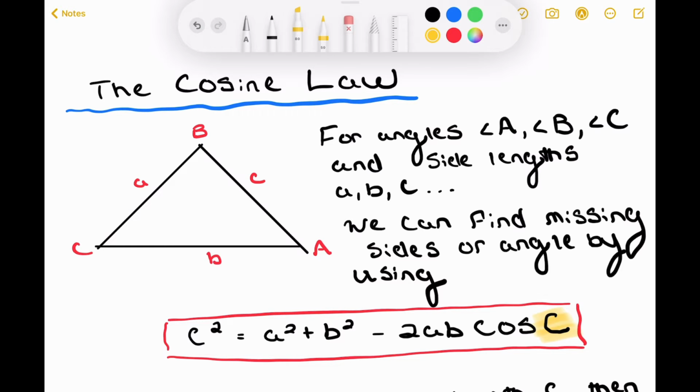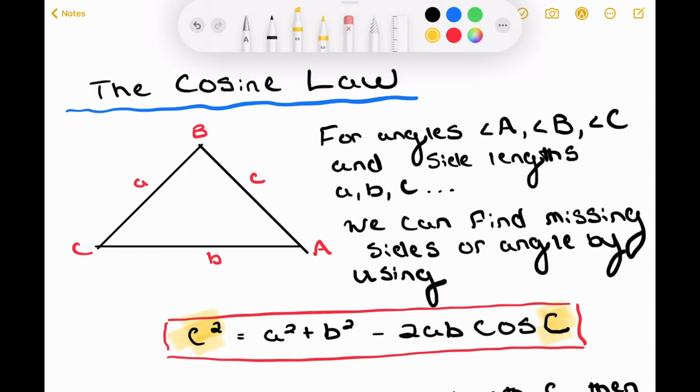The special part about this formula is that whatever angle we can use to solve for anything within this equation, the isolated letter on the left-hand side is always the same letter as the angle on the right-hand side. That's how you should always associate it.